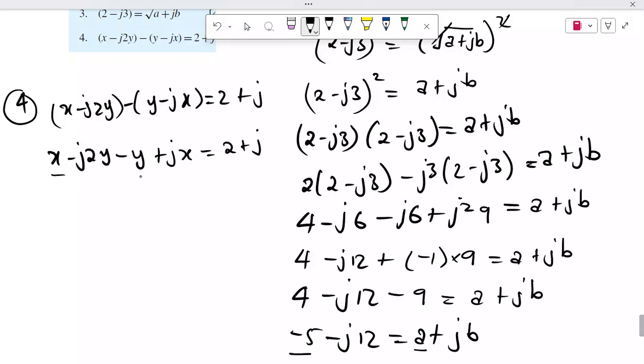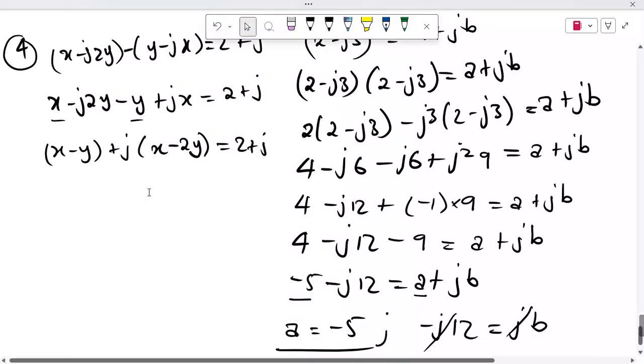Then you group the real part, the terms without a j, so you have x minus y as the real part, then the terms with j's, so plus j, start with the positive x, then minus 2y, equals 2 plus j.